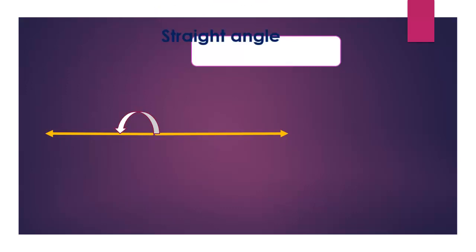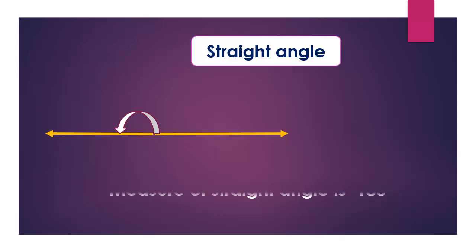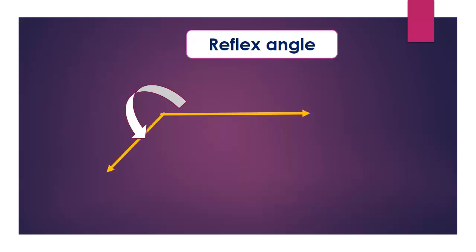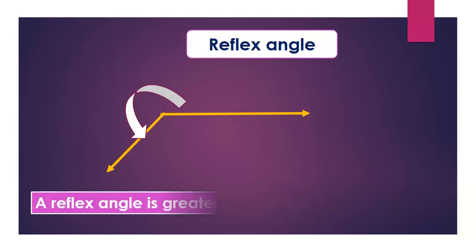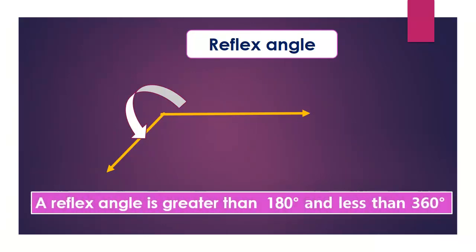So this angle is known as straight angle. The measure of a straight angle is 180 degrees. Reflex angle: when the ray moves more than 180 degrees, the angle formed is known as reflex angle, which is greater than 180 degrees and less than 360.